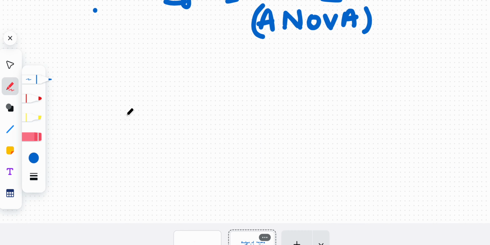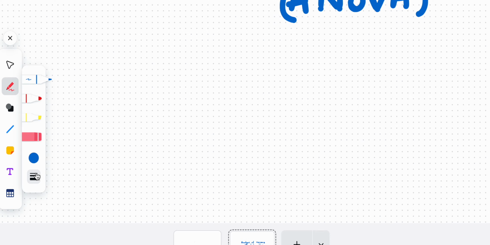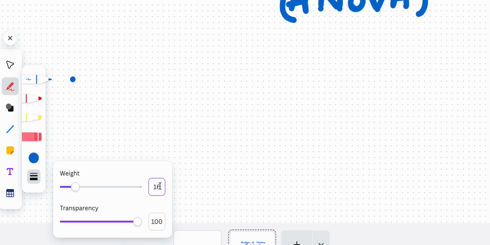Now here my pen has become a stumbling piece of joke again, so let's do this. So this would be my ANOVA analysis. What is the purpose?